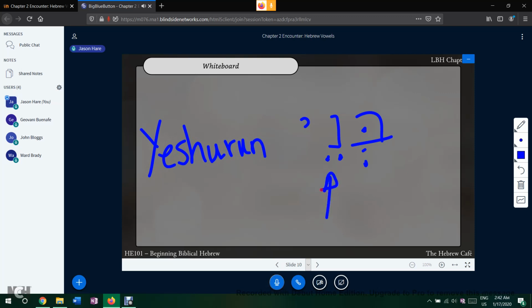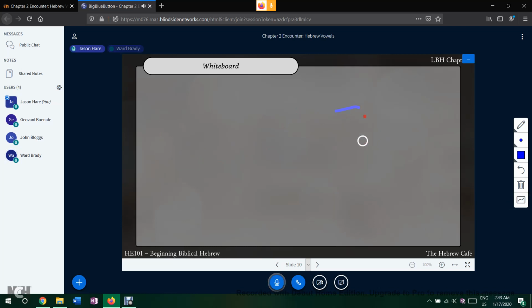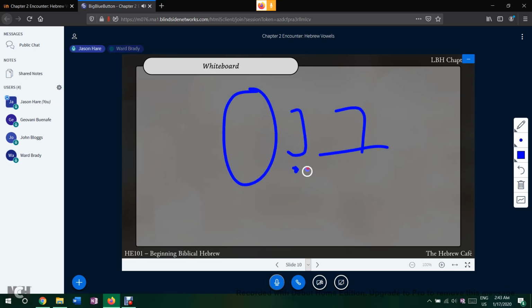This is A. So we already know the two dots together is E, and it's like adding a Y after it to mark the vowel. Because if we didn't have something there, how are we going to know that it's B'nai and not Ben? That yod on the end signals to us that it's A, B'nai.